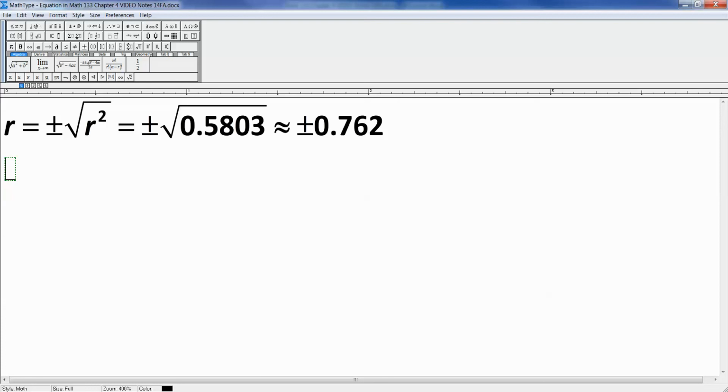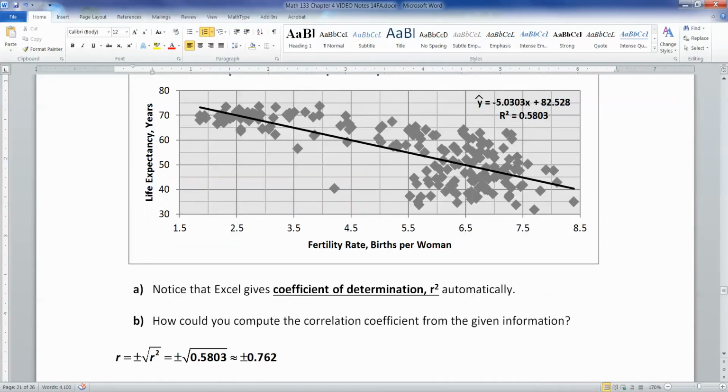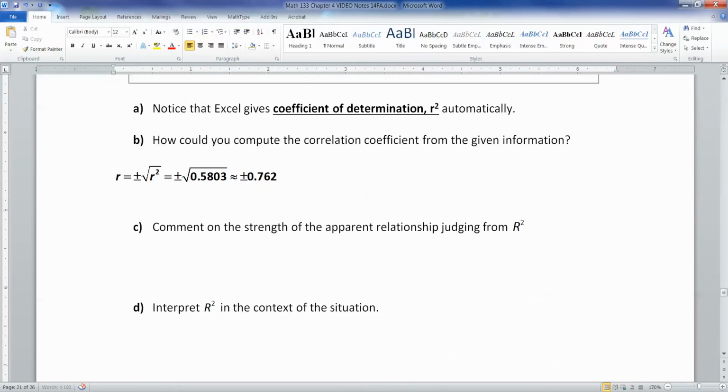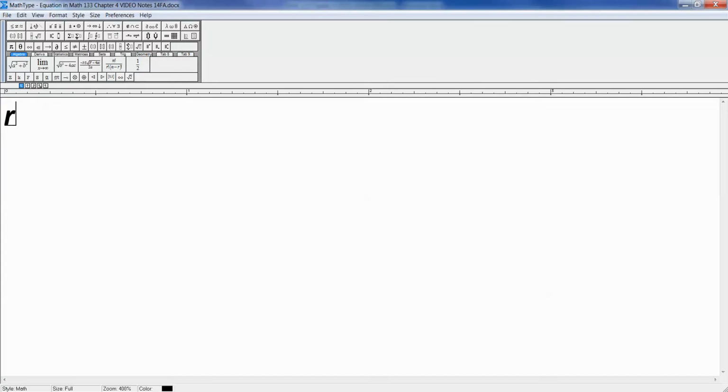So in this case, r is approximately negative 0.762. Now here's why.